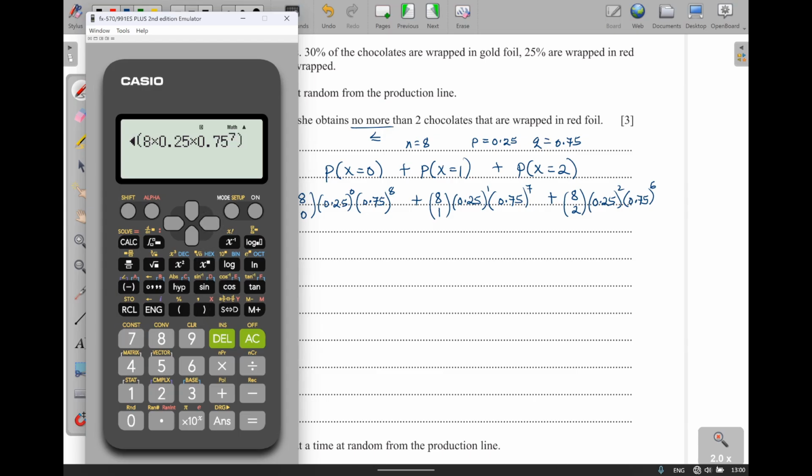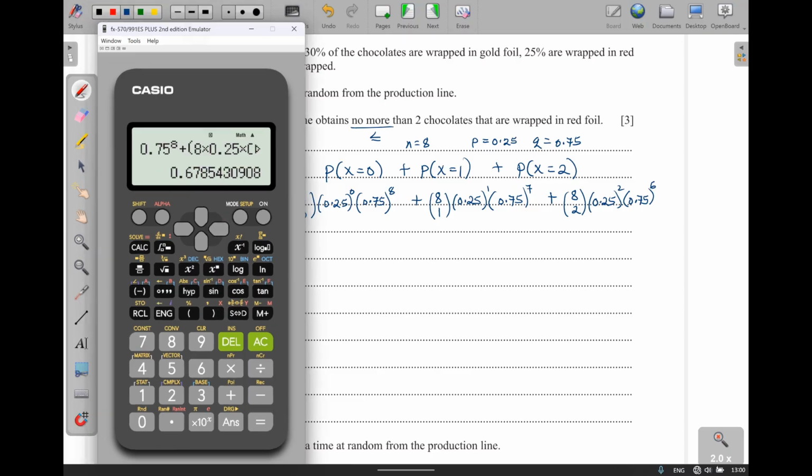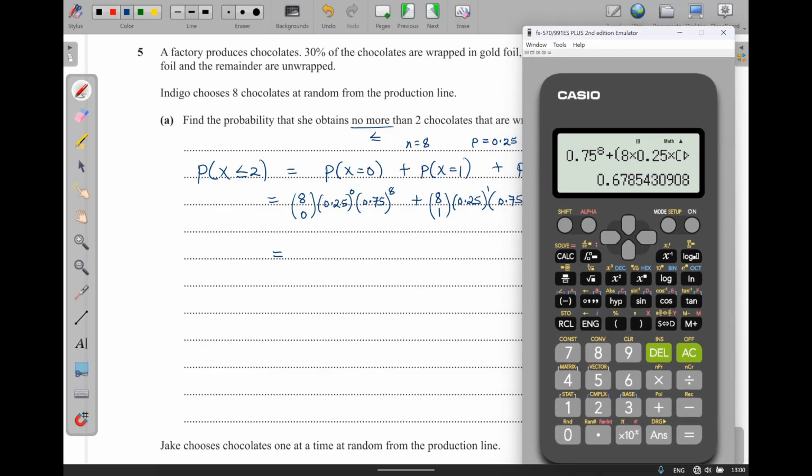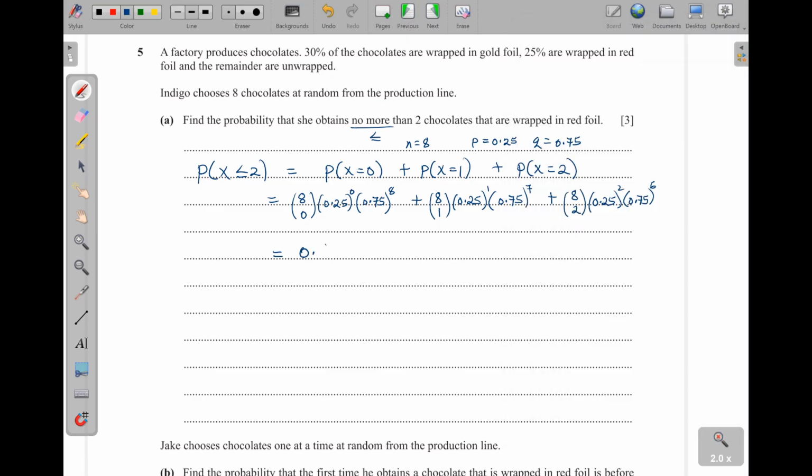Then after that, plus 8 combination 2, times 0.25 squared, then times 0.75 power 6. Okay, then I can close the brackets here, and when I add everything, I'll get my answer as 0.679 to 3 significant figures.